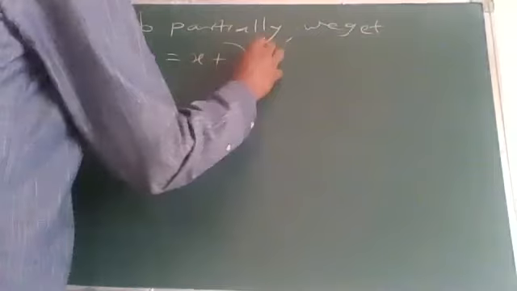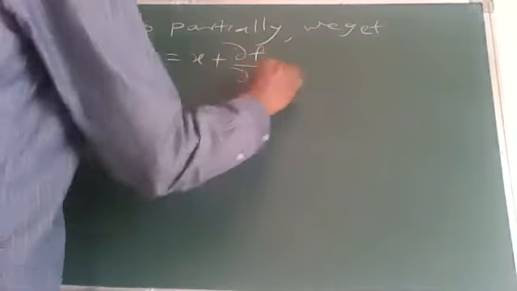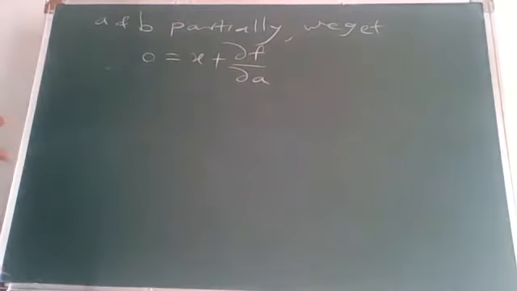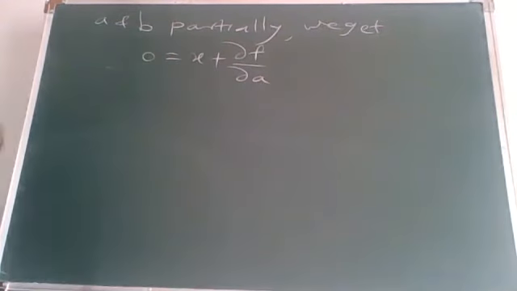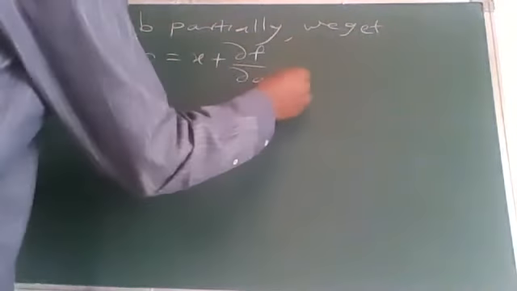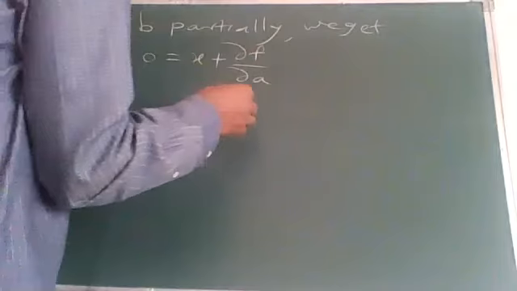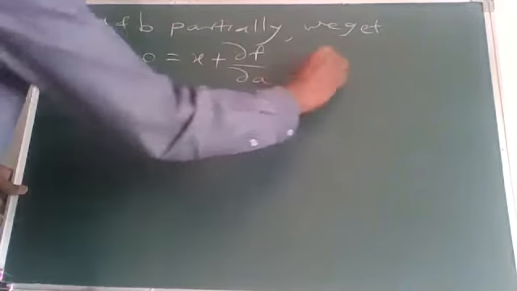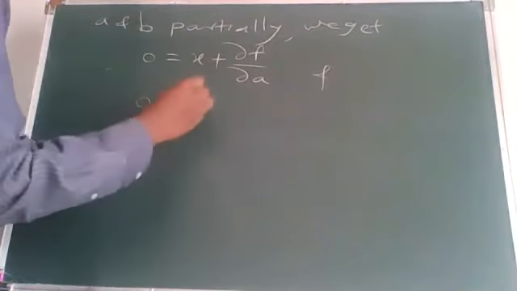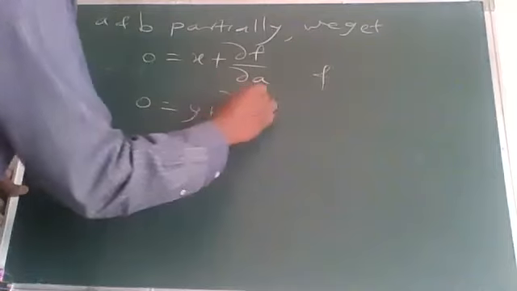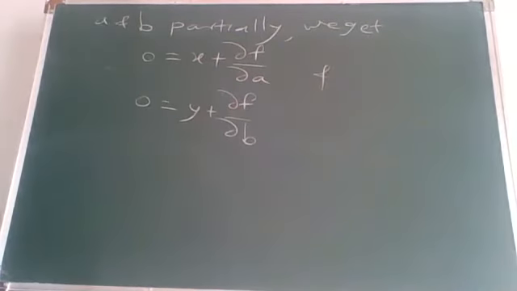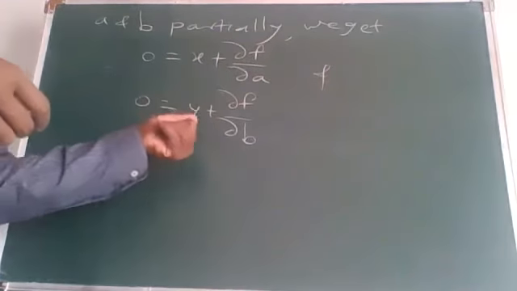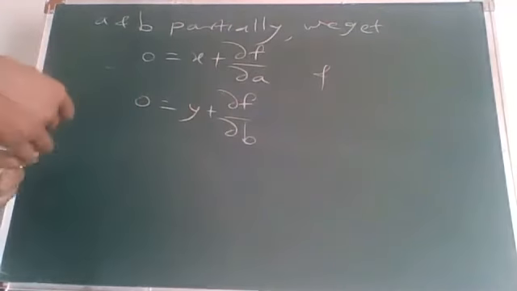I am writing here dou f by dou a, not f dash of a, because f is a function of a and b here. And with respect to b, 0 is equal to y plus dou f by dou b.